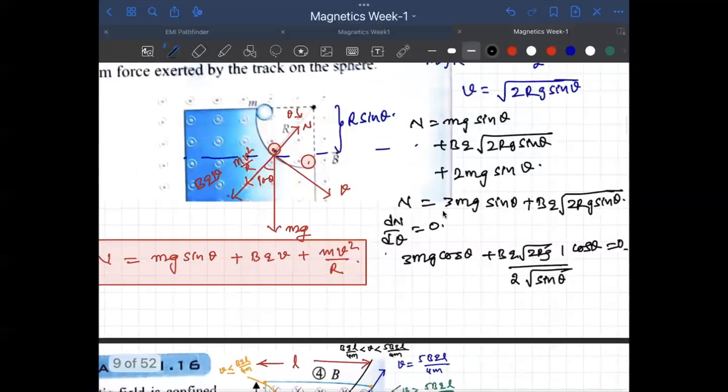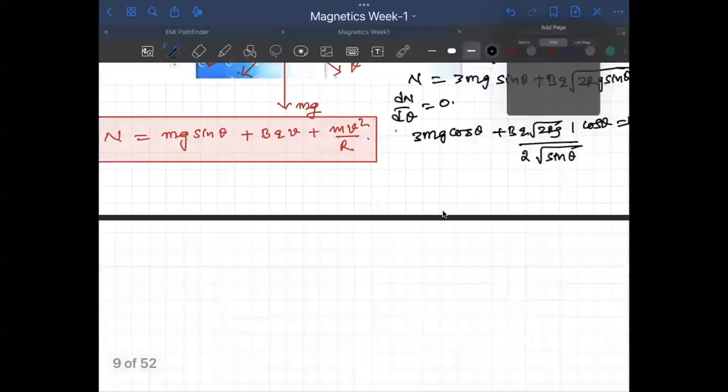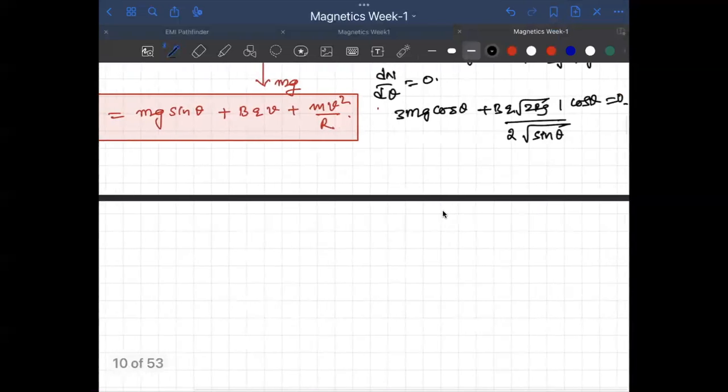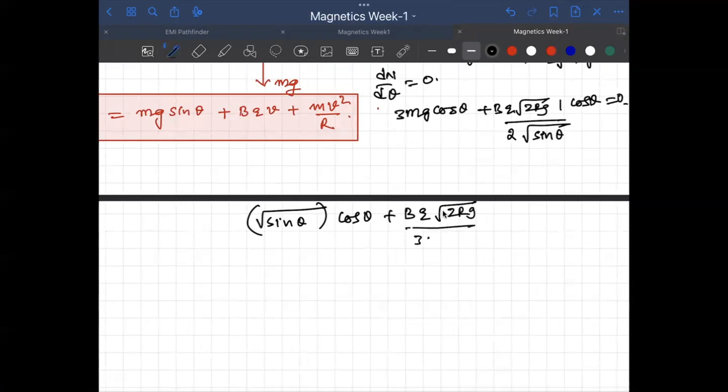I'll solve it. Why should I hesitate? If you permit me, I can make it as root sin theta times cos theta plus BQ root 2RG by 6 mg times cos theta is equal to 0.